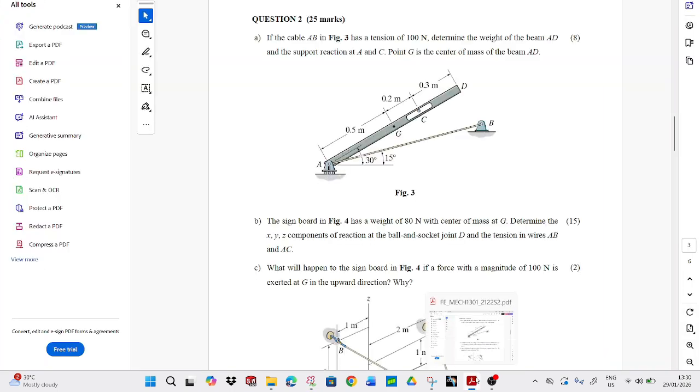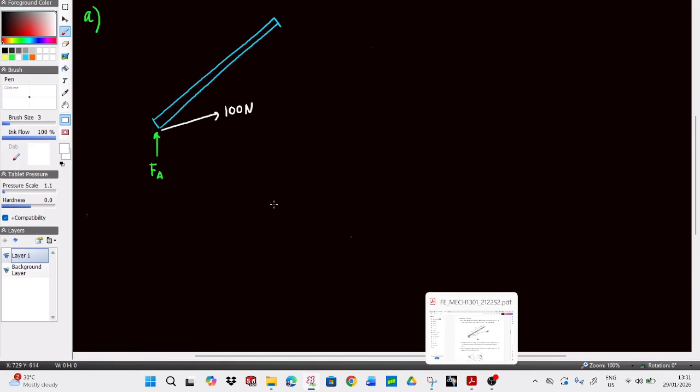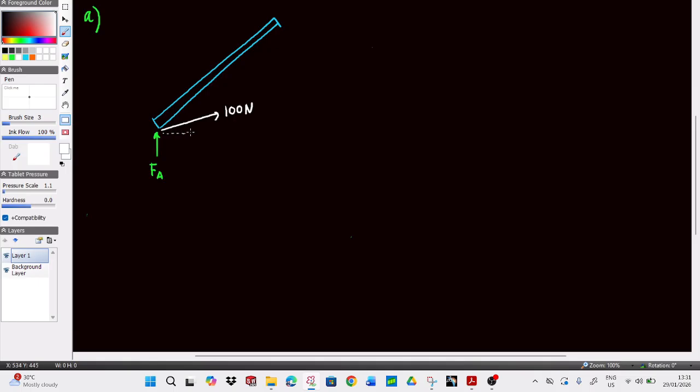It is at an angle of 15 degrees. So this is about 15 degrees, and the whole angle that the beam makes with the horizontal is 30 degrees. Okay, great. What else do we have here?